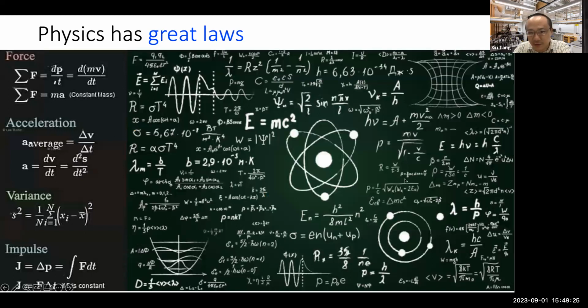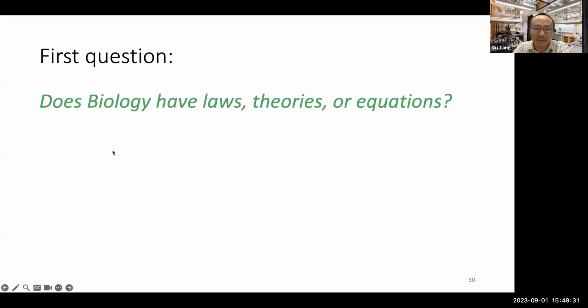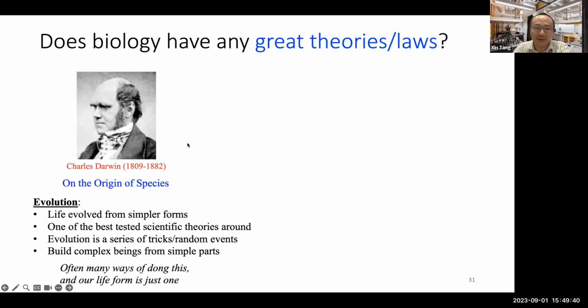Those are the great laws in physics, and you can summarize many important laws in the physics field. Now, the question I asked is, does biology have laws, theories, and equations? Yes, it does. The first law is evolution. You raised that point, which is very good.